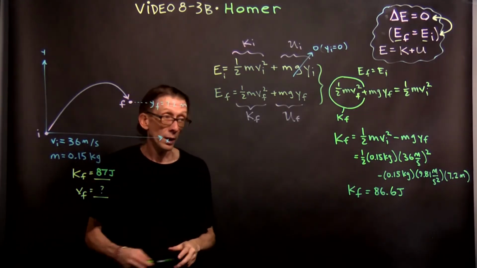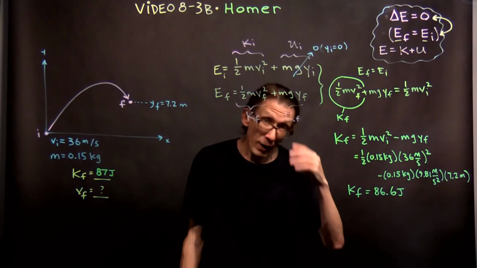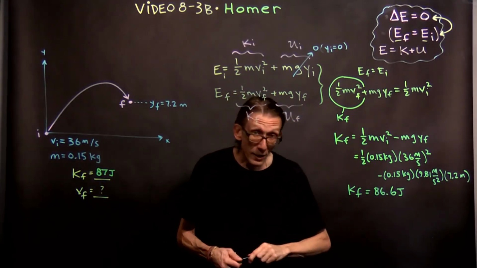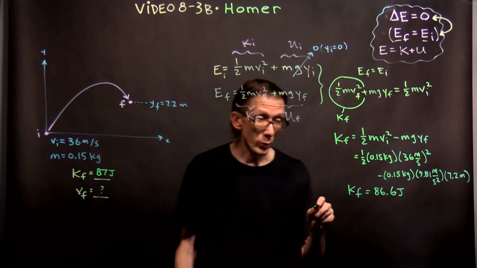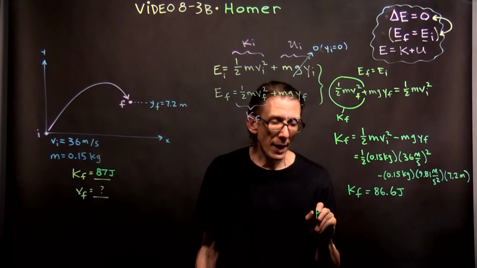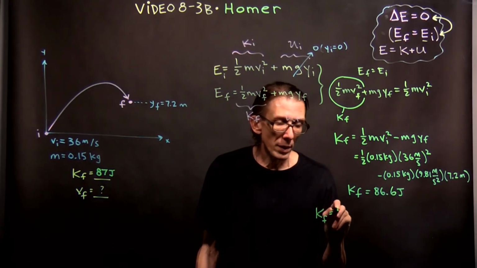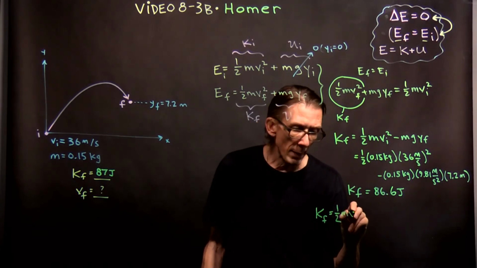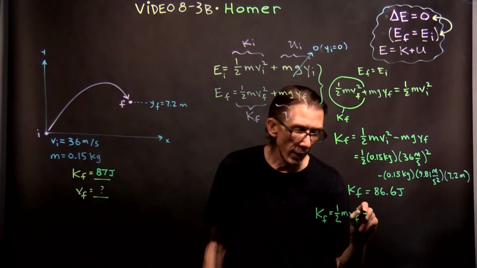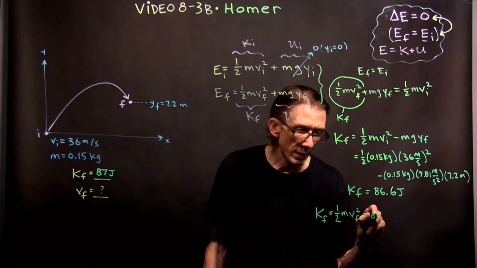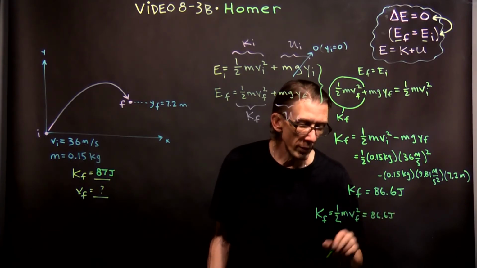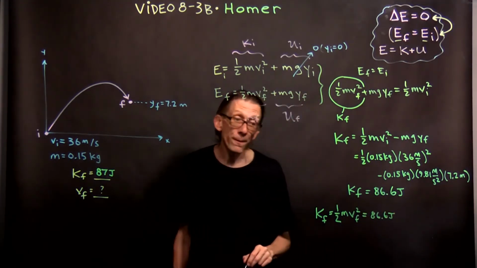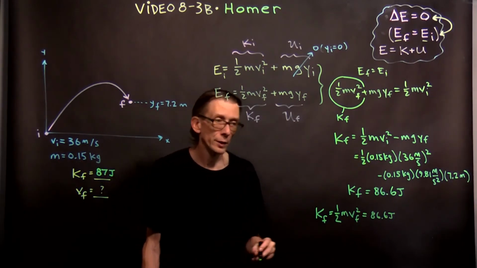Now that we know what the final kinetic energy is, it's very easy to find the velocity because we know that K_f is, as it was before, up here, 1/2 m v_f squared, and that's going to equal 86.6 joules. And we can solve that for v sub f.